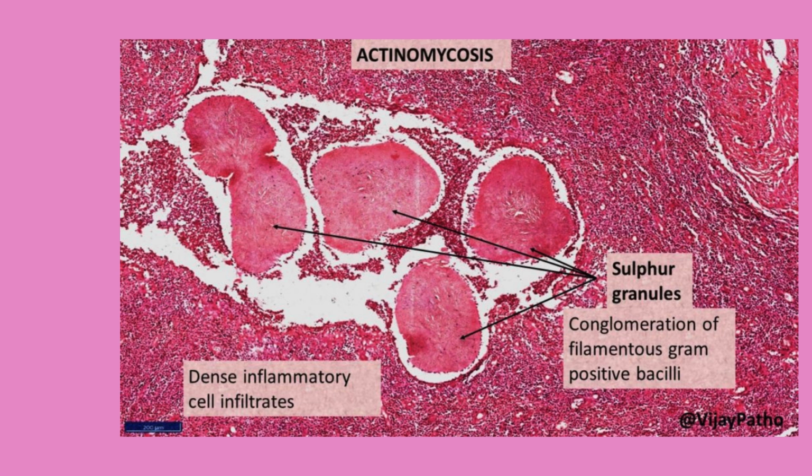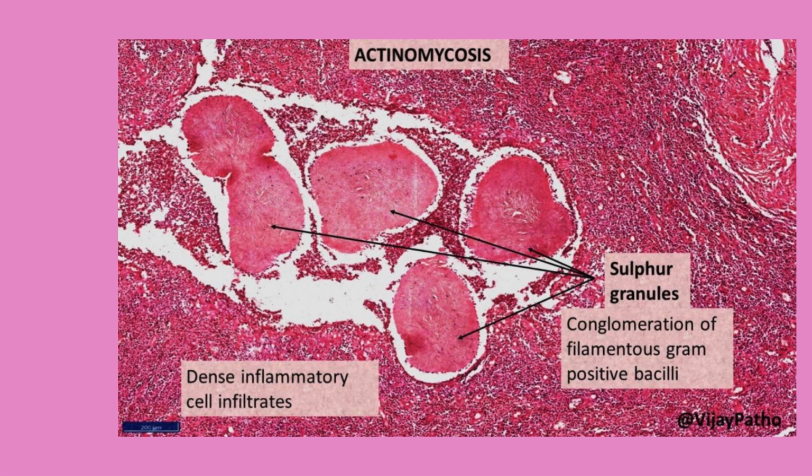They are filamentous and act like fungus, so they were earlier thought to be fungus, but now they are characterized as bacteria, which are gram-positive rods. They form sulfur granules with dense inflammatory cell infiltrates, termed a sun ray appearance, with sulfur granules in the center and dense inflammatory cell infiltrates all around.